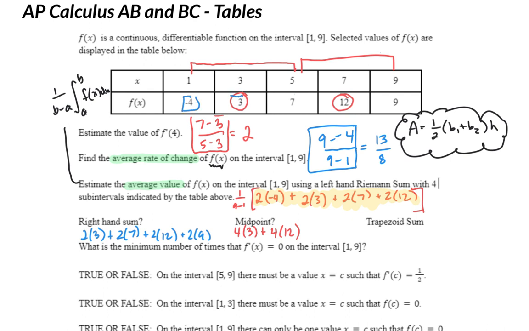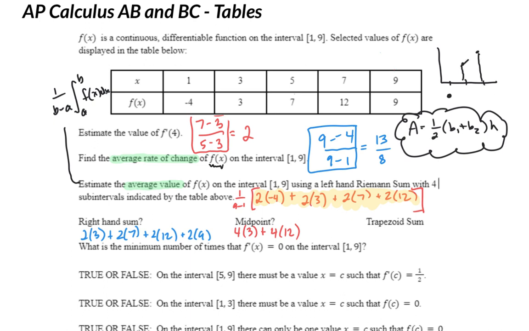These are our bases. The reason for that, if you think about making a little graph of this, I'll get rid of this for a second. If you thought about making a little graph of your points, you'd say, well, 1, -4, 3, 3, 5, 7. So maybe I'll draw this trapezoid.